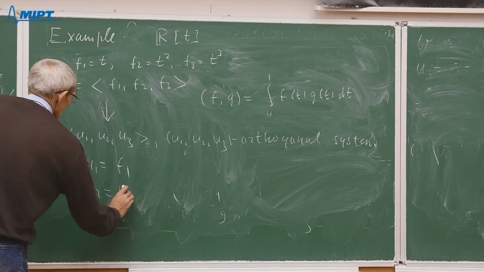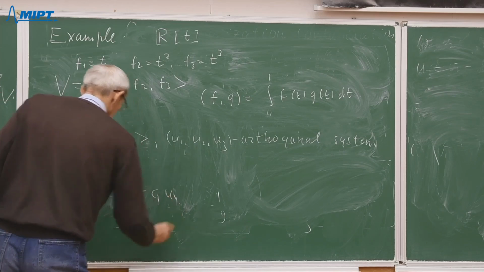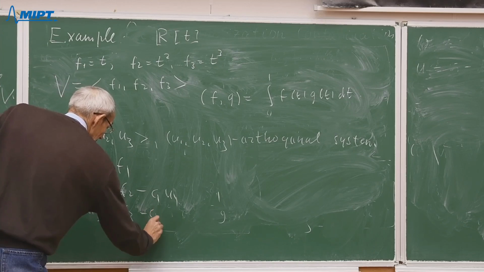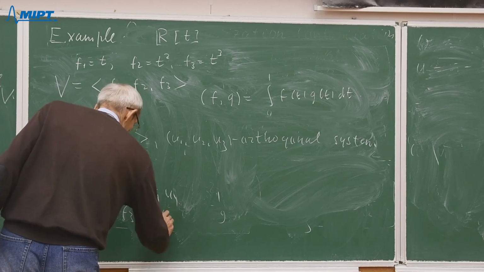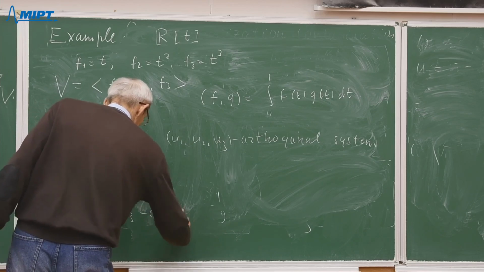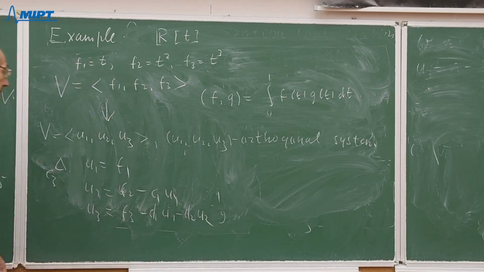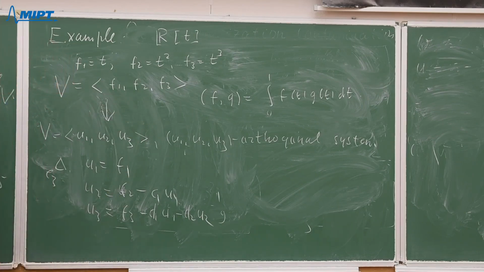U2 is equal to F2 minus C1 U1. U3 is equal to F3 minus D1 U1 minus D2 U2. And these coefficients can be calculated by using the formula for the orthogonalization procedure.